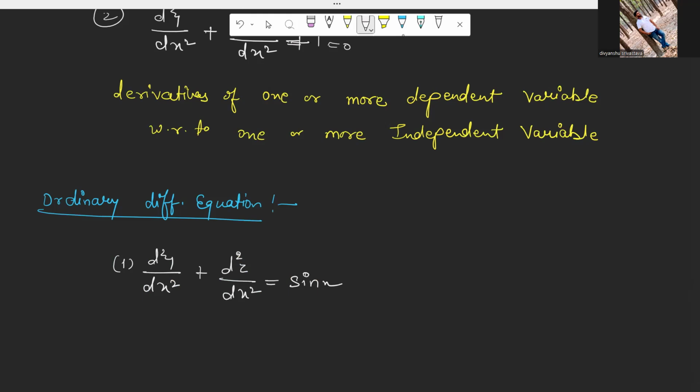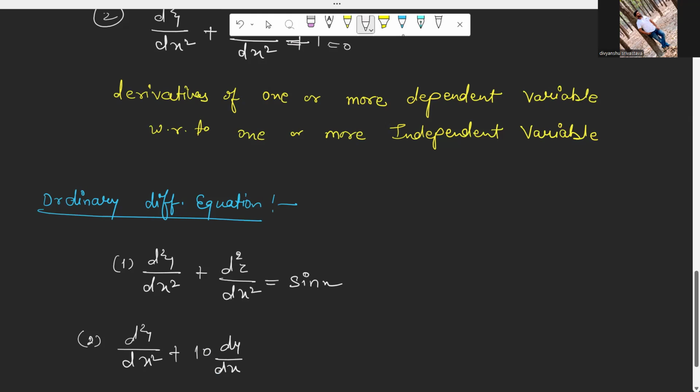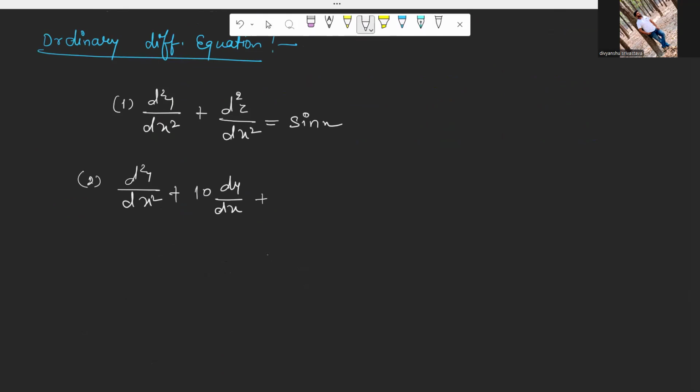And the second example is d2y upon dx square plus 10 dy upon dx plus y equals 0.